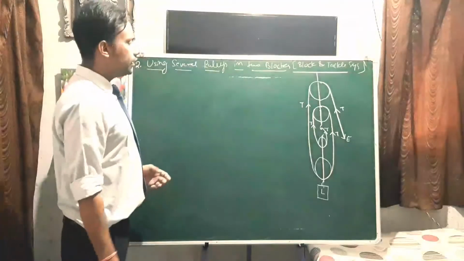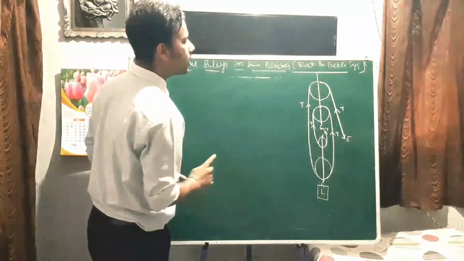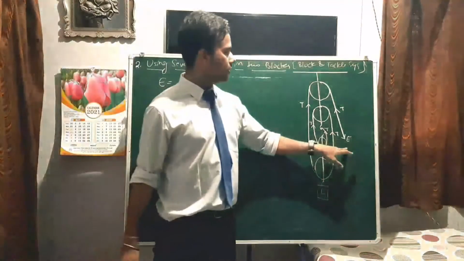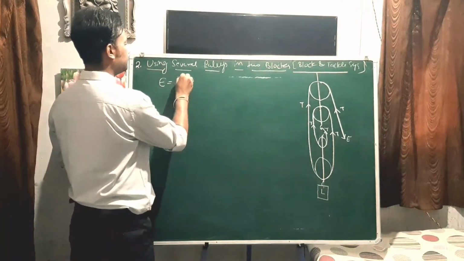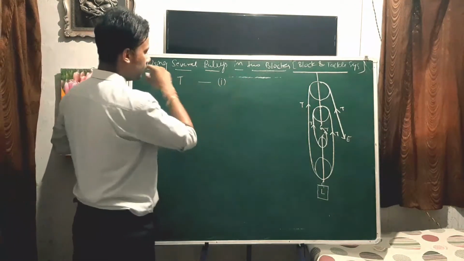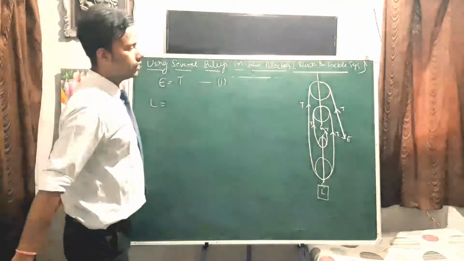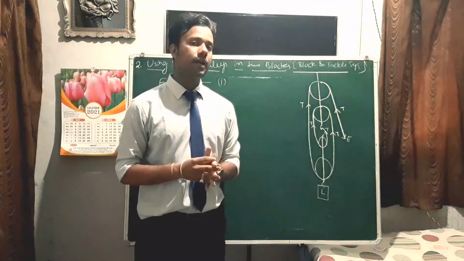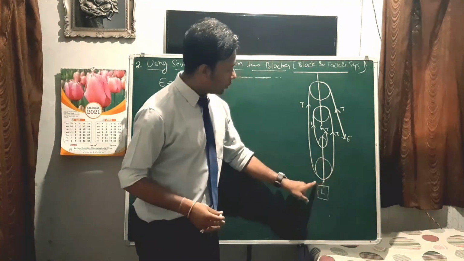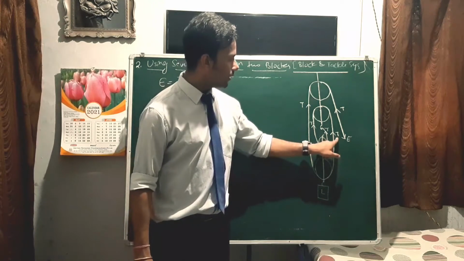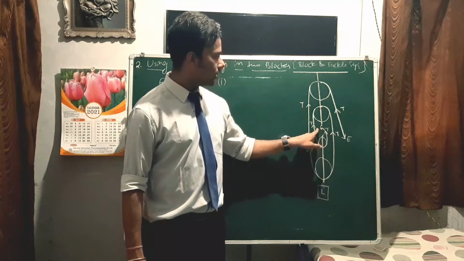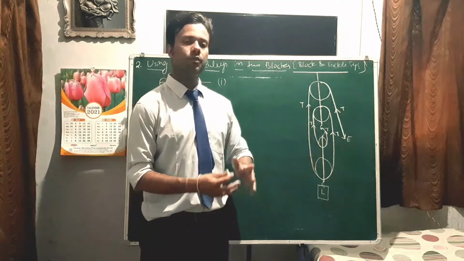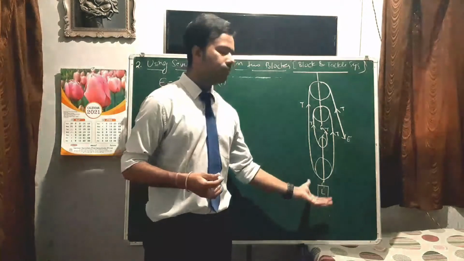Okay, let's find the mechanical advantage. To find the mechanical advantage, first write the effort. Effort, as you can see here, is equal to only T, equation number 1. Now load. Let's see how much load is balanced by how much tension. See here, the load is balanced by 1, 2, 3 and 4, four tensions in the string. That means each tension is providing some force to balance this load.